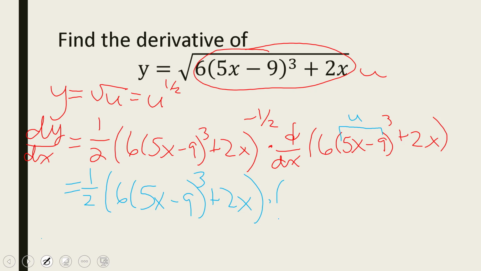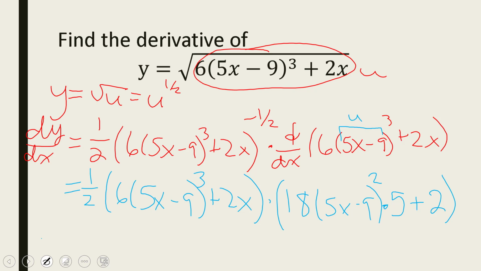So that would just be 18u, and our new u is just 5x minus 9. Subtract 1 from the power, so to the second power, times du/dx, and the derivative of 5x minus 9 would just be 5, plus the derivative of 2x. And the derivative of 2x, that's pretty straightforward. That's just 2.